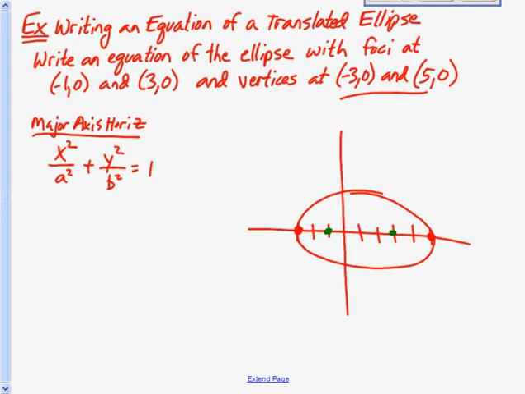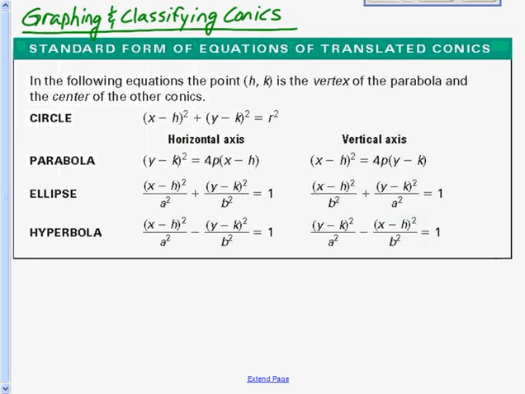So now, instead, you have (x minus h) squared over a squared plus (y minus k) squared over b squared equals 1. That's what I'm thinking about, right here on the ellipse. Major axis is horizontal. So we're moving this thing to (h, k).